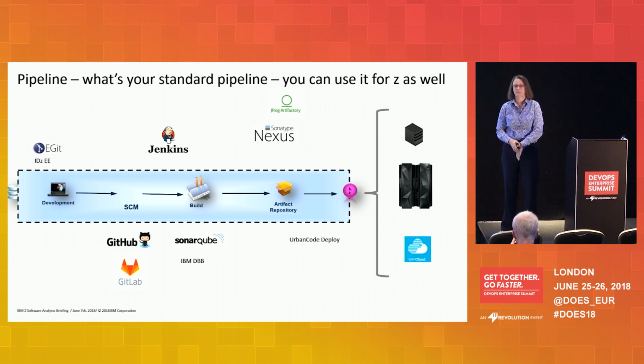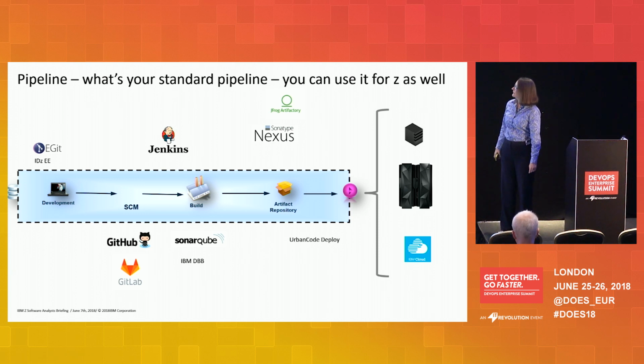Sonar works there. Sonar allows you to scan your source, get your results. We have code coverage capability, so you can feed in your code coverage. There's something called zUnit. You've all heard of JUnit, right? Or xUnit. Well, there's zUnit, so you can do your zUnit testing.